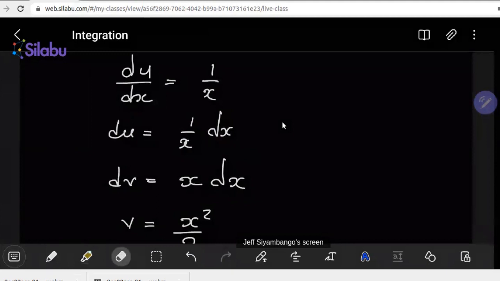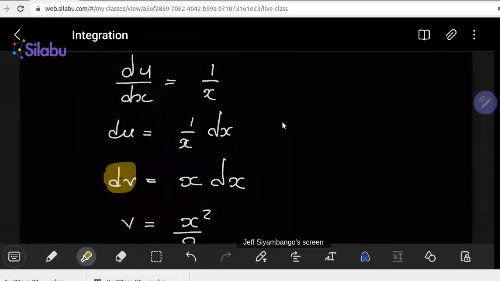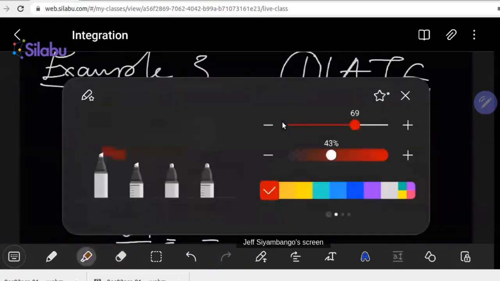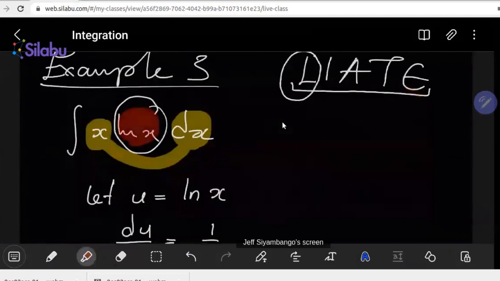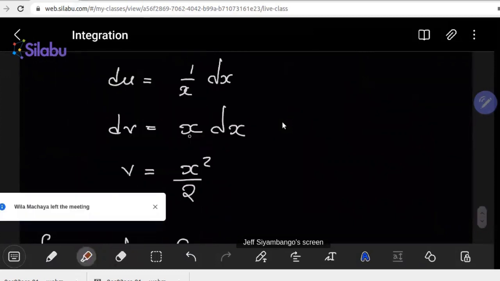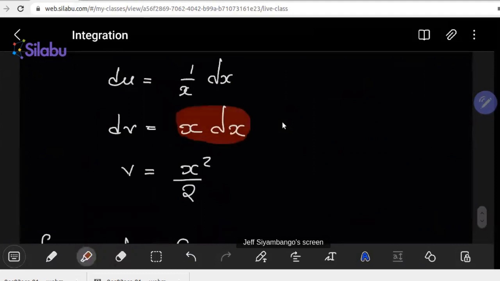So all I did was, here we made du the subject by just cross multiplying the dx, taking it here. Then after that, I was done with du. I now went to get what dv is. We said we first choose what u is, and since u was selected to be ln x, the rest of the expression has to be dv. The rest becomes x and dx. So dv becomes x dx. From dv, we want to find what v is, so we integrated both sides.